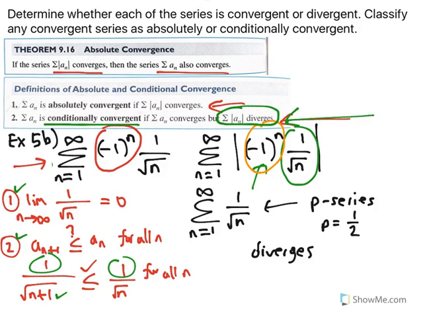So we may conclude that the original sign series is conditionally convergent because we saw that the corresponding absolute value series diverges. By the definition of a conditionally convergent series, we know that the series from 5b is conditionally convergent.